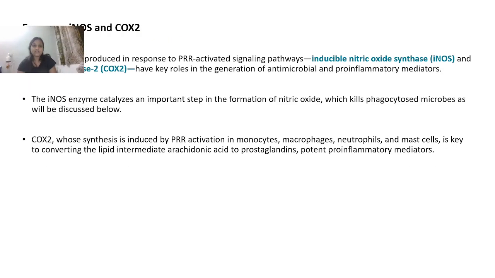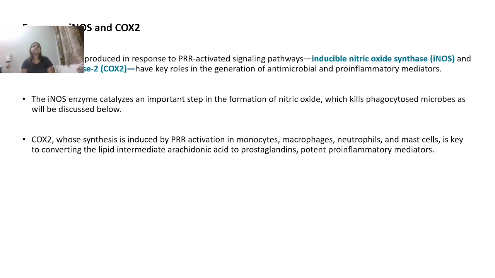Apart from these chemokines, there are certain enzymes, iNOS and COX-2. They are produced in response to PRR activated signaling pathways. iNOS is inducible nitric oxide synthase and COX-2 is cyclooxygenase 2. They have a role in the generation of antimicrobial and pro-inflammatory mediators.